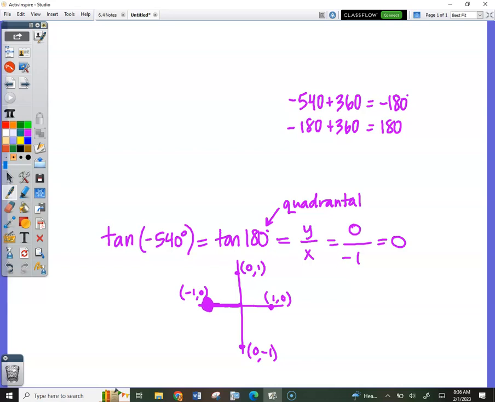That was a quadrantal. Let's say negative 510. All right, negative 510 plus 360. What's that? Negative 150. All right, that's still out of my scope.